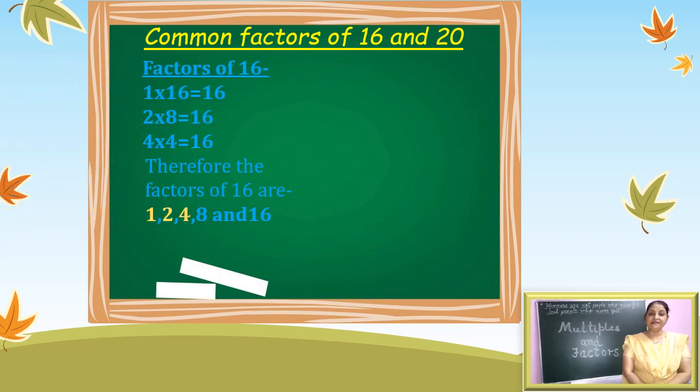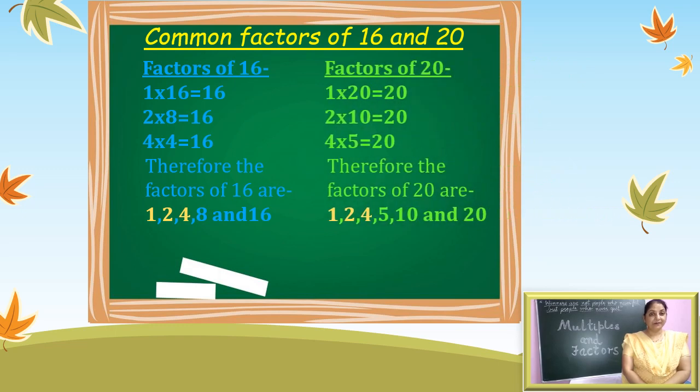The factors of 16 are 1, 2, 4, 8 and 16. Now find out the factors of 20. The factors of 20 are 1, 2, 4, 5, 10 and 20.